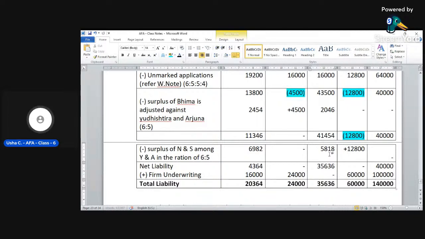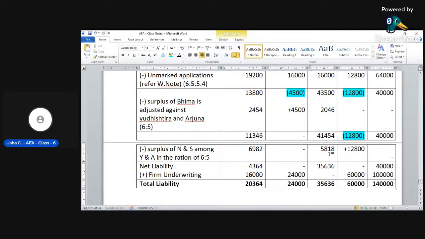What does this surplus mean? Look here. At the time of receiving applications, suppose I am one of the underwriters and there is one more underwriter called B. The total applications issued by the company is 20,000. Out of 20,000 applications, I subscribe 10,000 and the other underwriter subscribes 10,000.